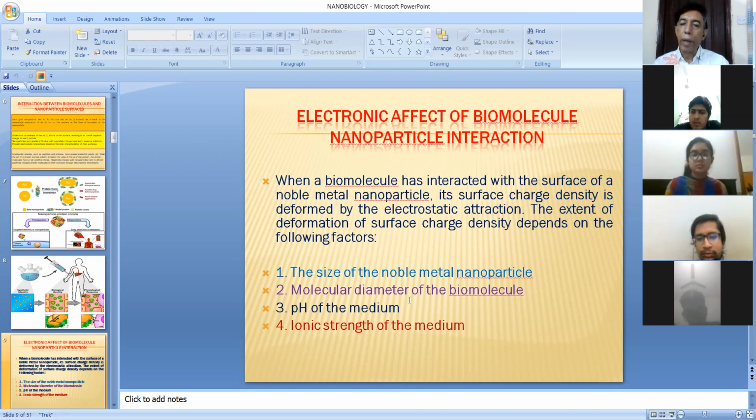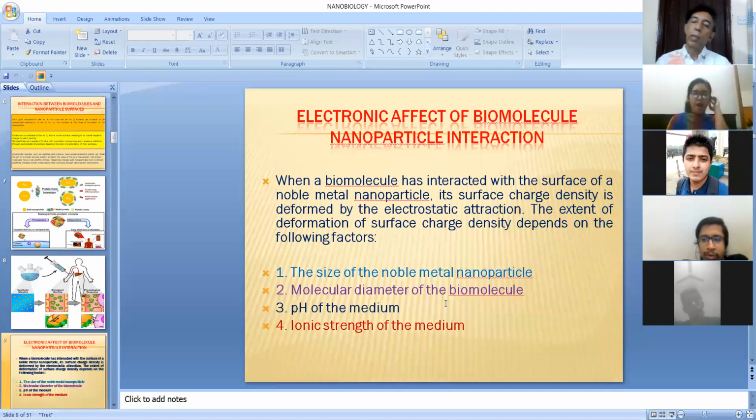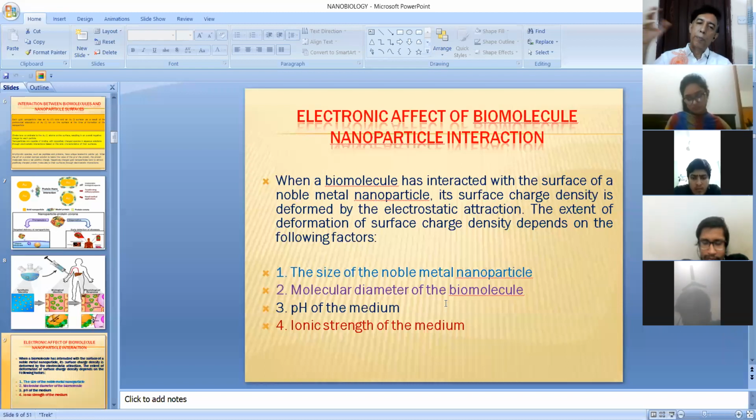The molecular diameter of the biomolecule, it may be protein, or it may be carbohydrate, it may be your DNA. Then the diameter is changed. So depending on the diameter, the surface energy density also will change.